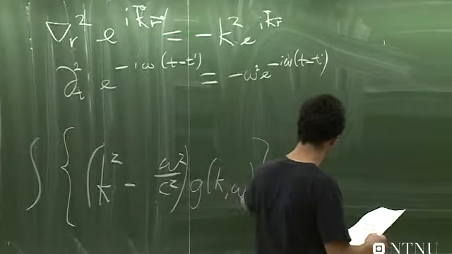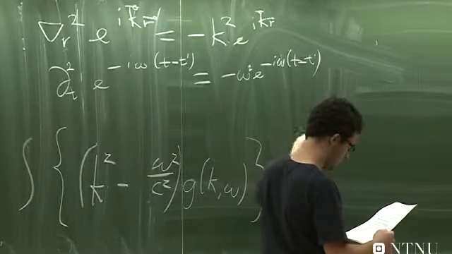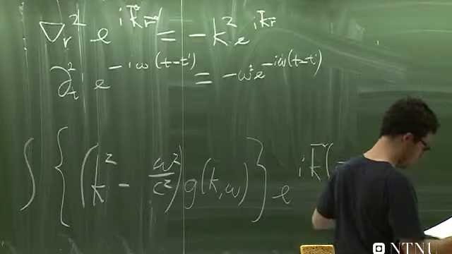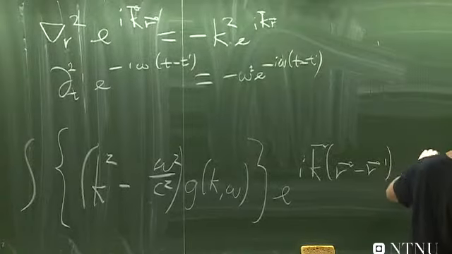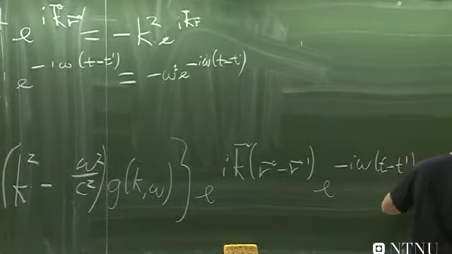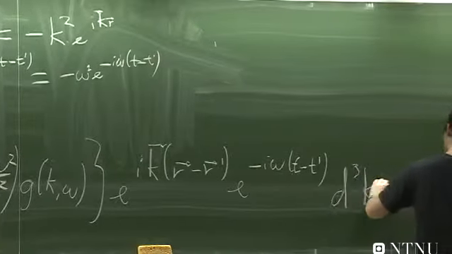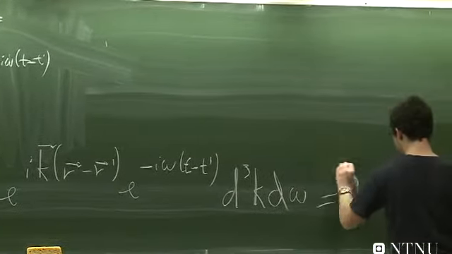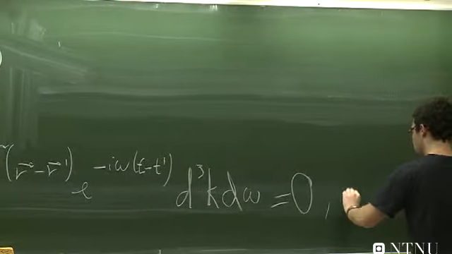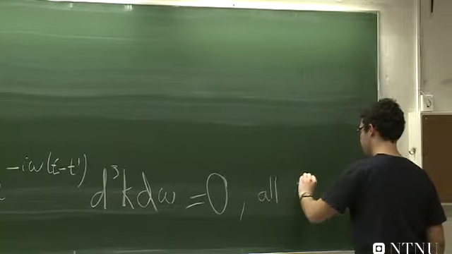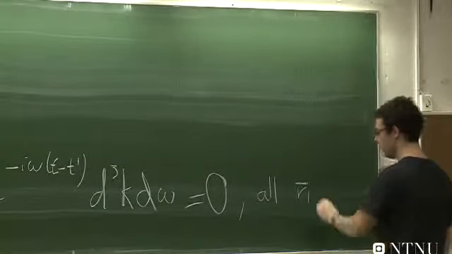And e to I k (r minus r prime) e to minus I omega (t minus t prime) d3k d omega is equal to 0 for all, let's see, r and t.